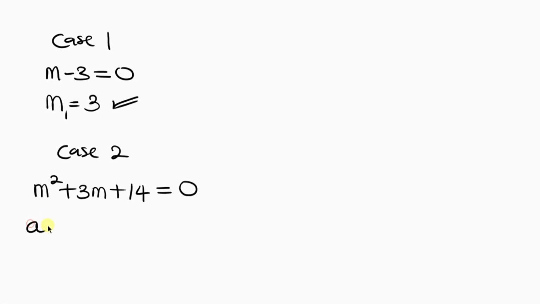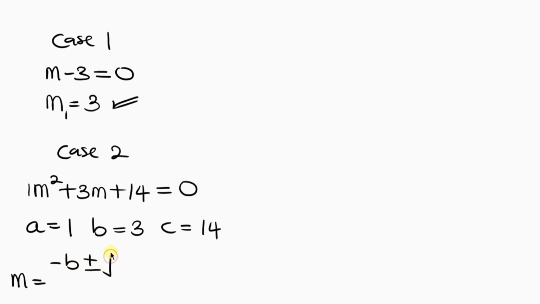So a is the coefficient of m squared, and that's 1. b is the coefficient of m, and that's 3. And c is the constant term, which is 14. Very good. And since we're looking for m, the quadratic formula that we're using will be negative b plus or minus the square root of b squared minus 4ac, all over 2a.